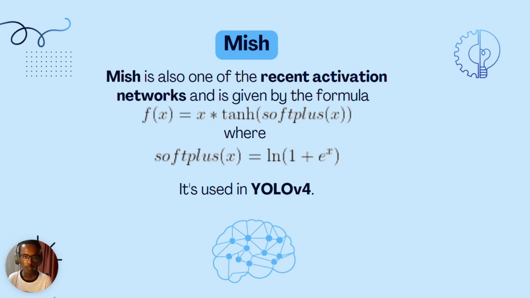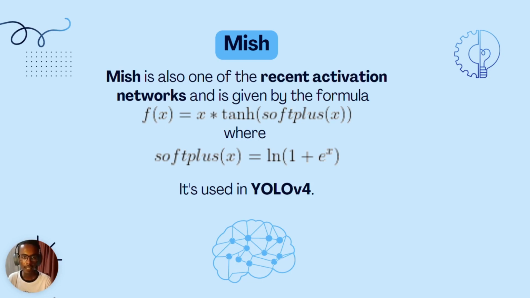So you might ask yourself what the softplus function is. It's just another function that can be expressed as the natural logarithm of 1 plus e raised to the power of x. And it's just a fancier name for this mathematical function, and you do not need to be concerned about this one.